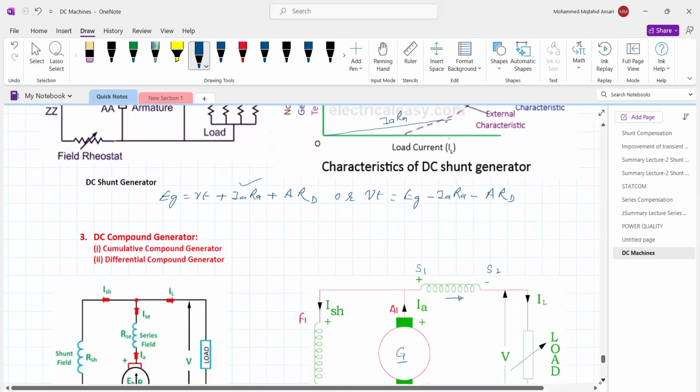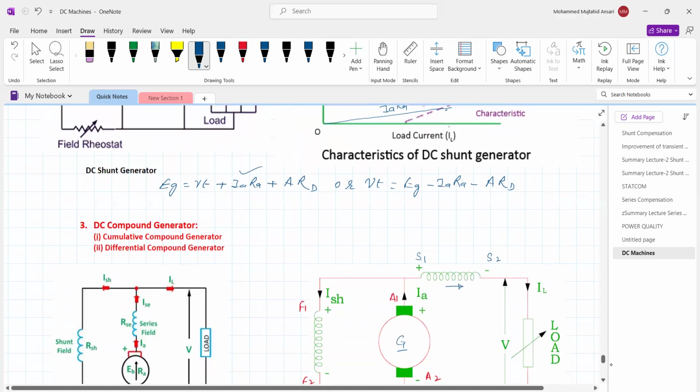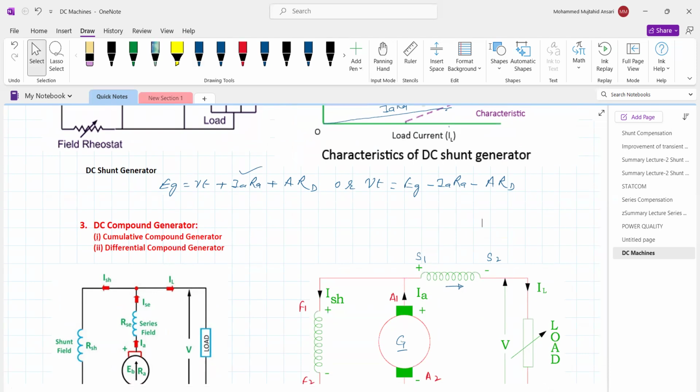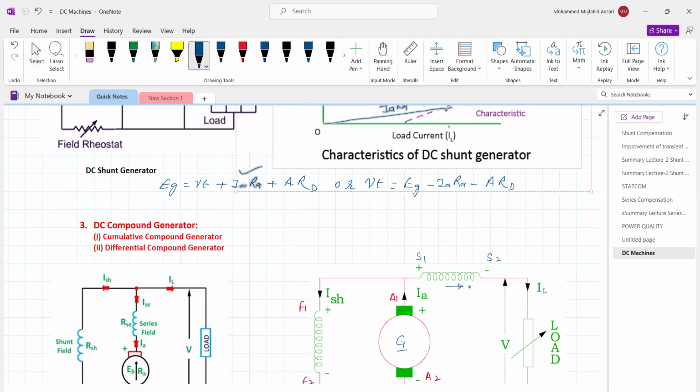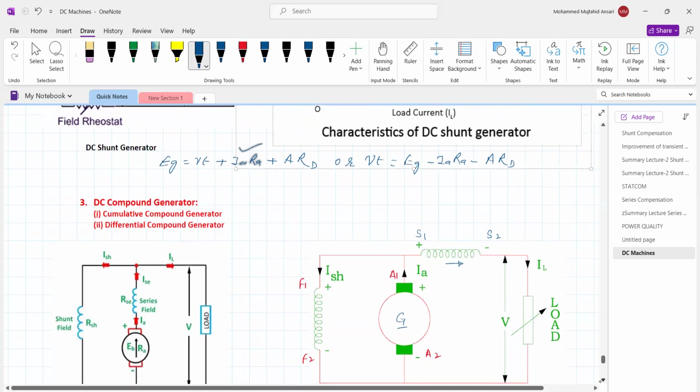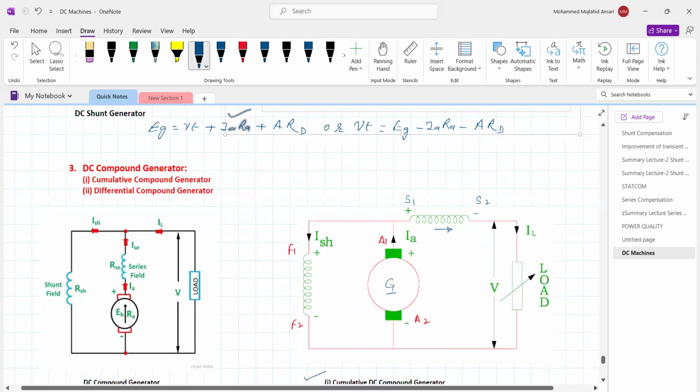There are two types of compound generator. One is the cumulative compound generator and second is the differential compound generator. In the cumulative compound generator, the flux produced by the series field winding and the flux produced by the shunt field winding are either additive or subtractive.